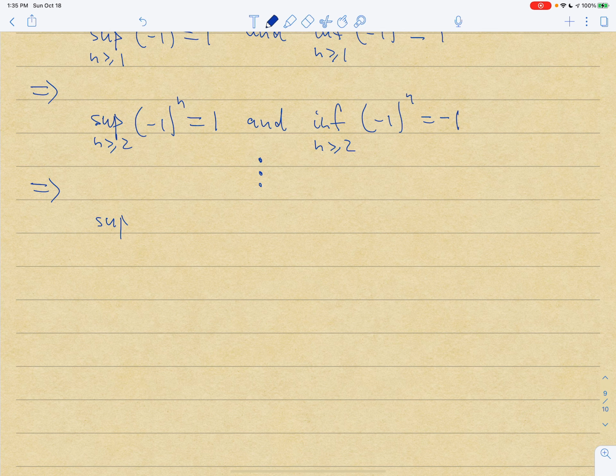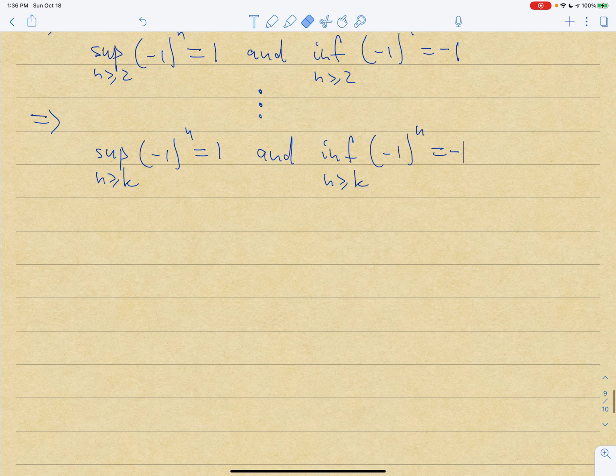So supremum, n greater or equal than k, of minus 1 to the n, and infimum, n greater or equal than k, of minus 1 to the n. The sequence still is oscillating, even though I chopped off the elements from the beginning. It just continues doing the same thing. It goes from minus 1 to 1 and back. So that means that this supremum is still 1, and this infimum is minus 1.